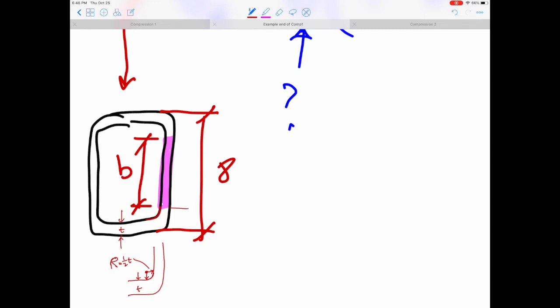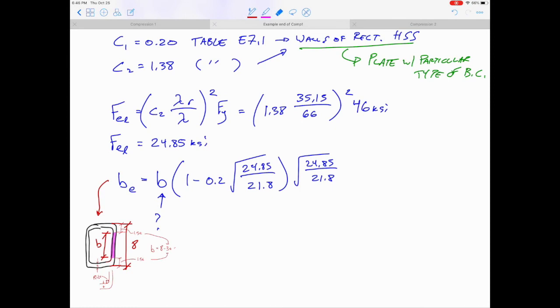So that makes this distance here 1.5 t, and if I do that on the other side, this is 1.5 t. So that means that b is equal to 8 minus 3 times t, because these two make 3. So that's that story.